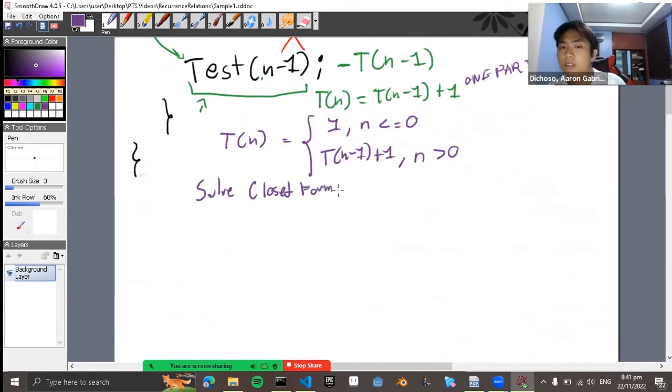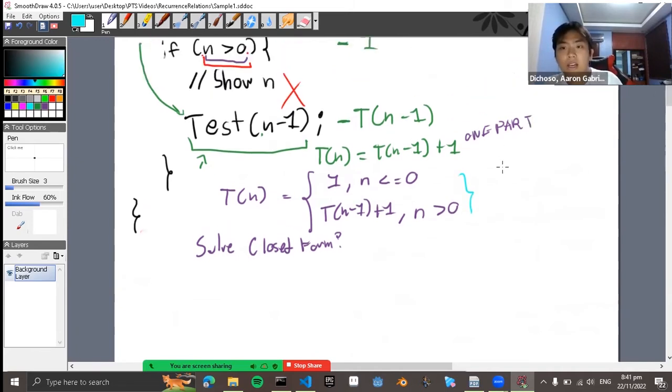Why is it important to solve for the closed form? Well, if you would try to compute the time function given a value n, let's say n equals 2, what would we do? We would input 2 here, t of 2. It is greater than 0, so it's equal to t of 2 minus 1 plus 1.